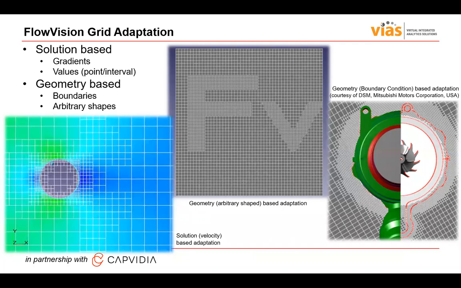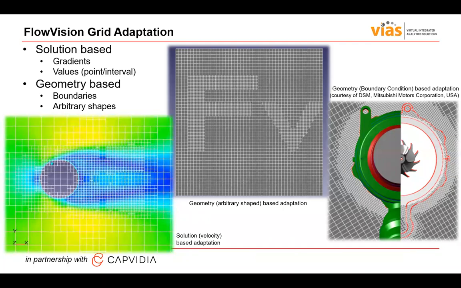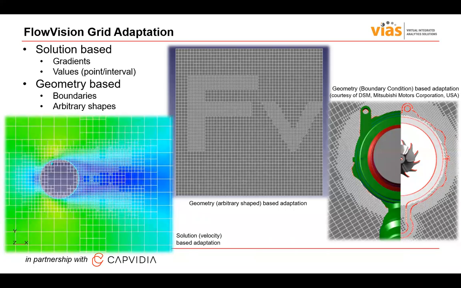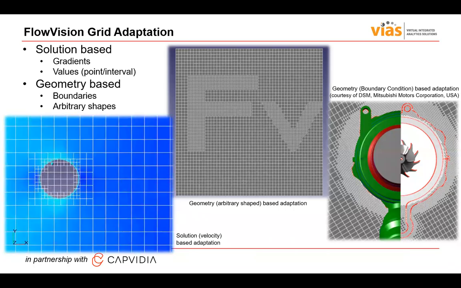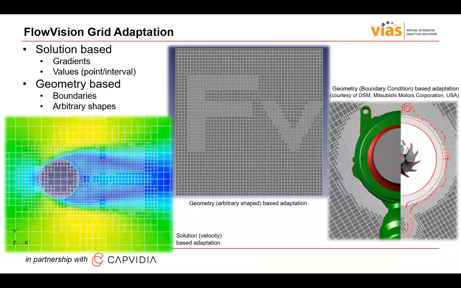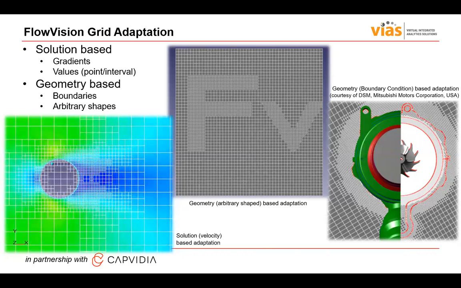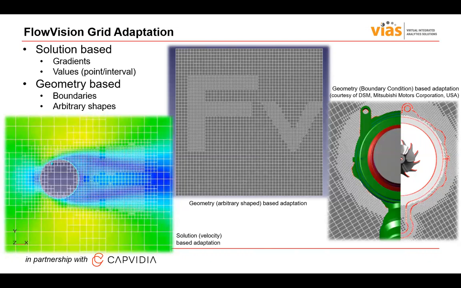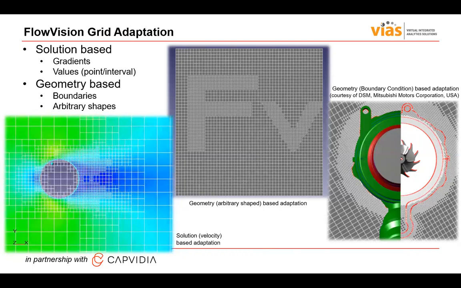For example, as you can see on the left, the computational grid cells are automatically adapted based on the velocity gradients. Also, the user can define adaptations based on values, some point values or interval of physical values, again such as velocity, pressure, or anything, or for example, Y plus interval for turbulence modeling can be automatically used for adaptation.